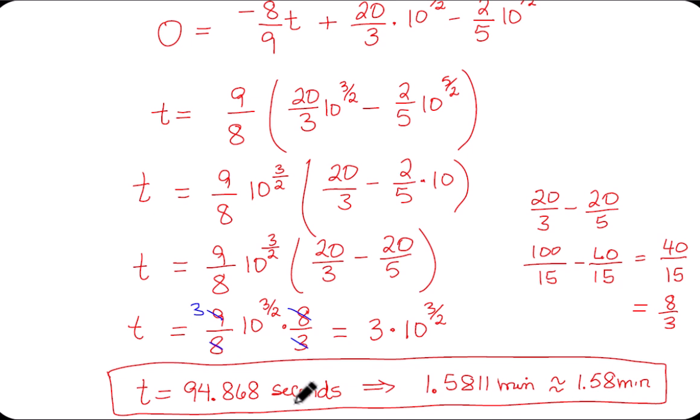I need to convert it to minutes, so divide by 60 seconds. I get the time for the tank to completely drain is 1.58 minutes. As you can see, separable equations by themselves can be easy, but when it gets to practical applications, things get messy and difficult.